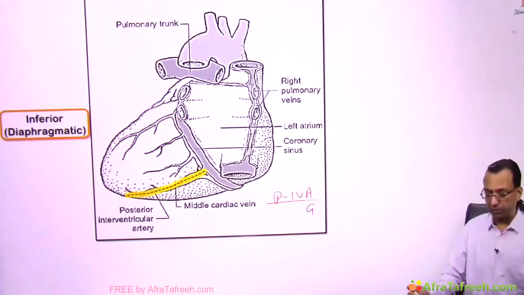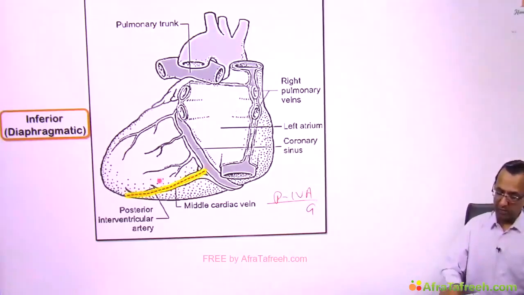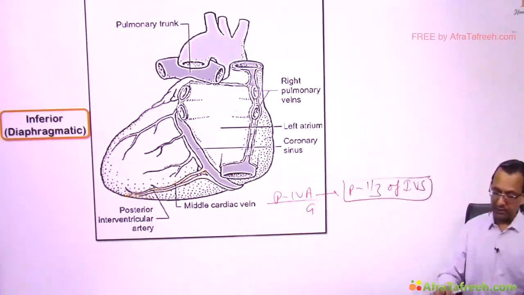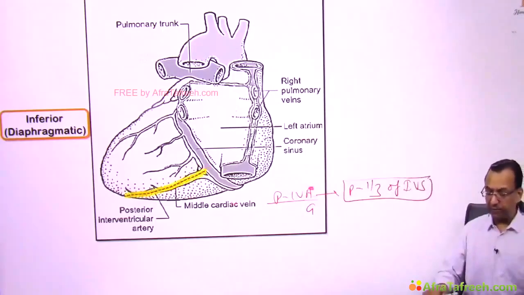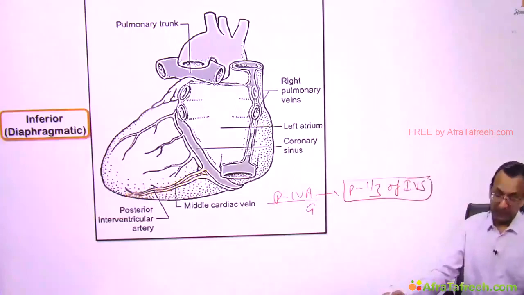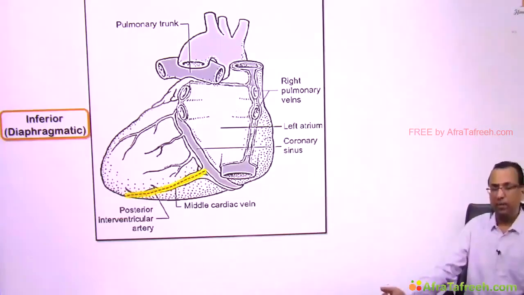Yes, that is posterior interventricular artery in the posterior interventricular groove, supplying posterior 1/3 of the interventricular septum, and is accompanied by the middle cardiac vein.